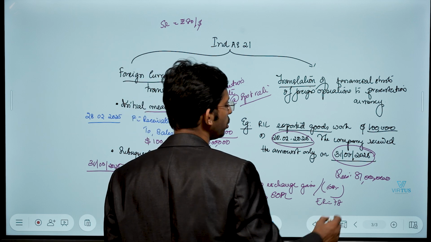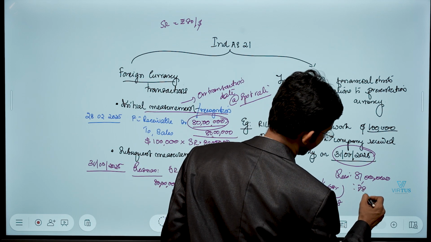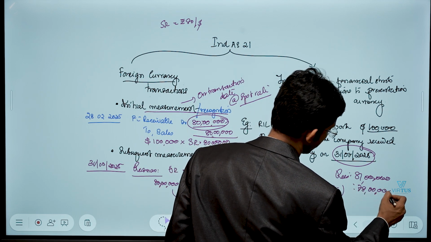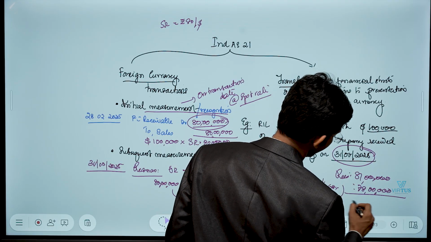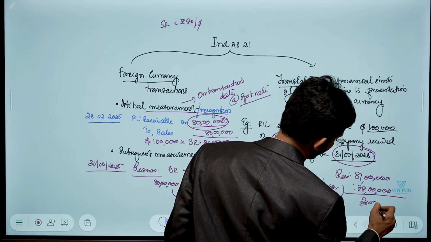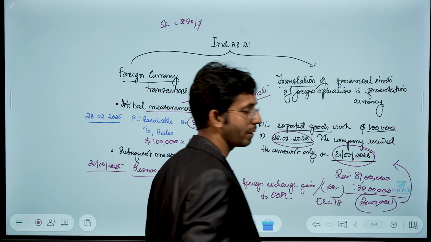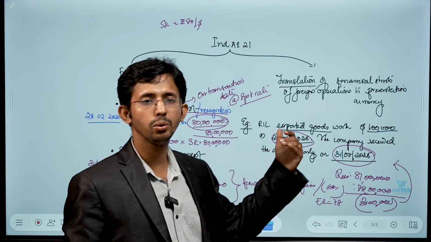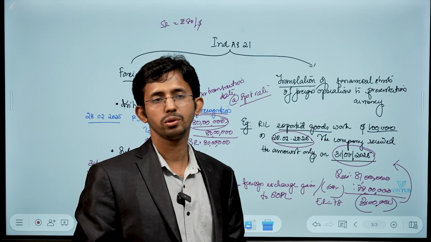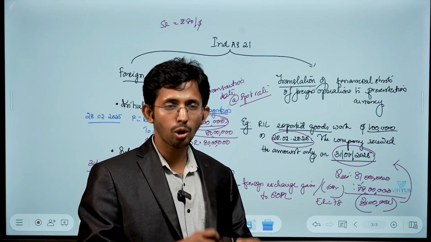So what amount will you receive? You will receive only 78 lakhs. So what is the difference? 3 lakhs. And this 3 lakhs is going to be a loss on foreign exchange rates. You recognize it in profit or loss. I hope that is clear to you.